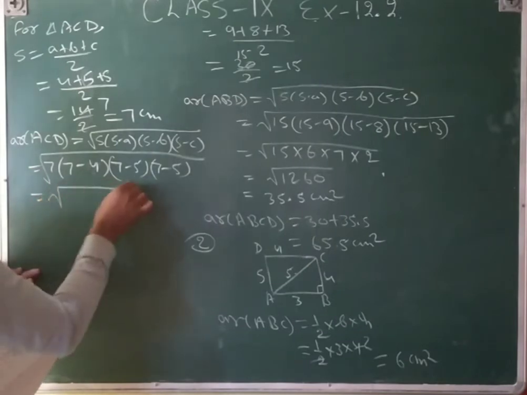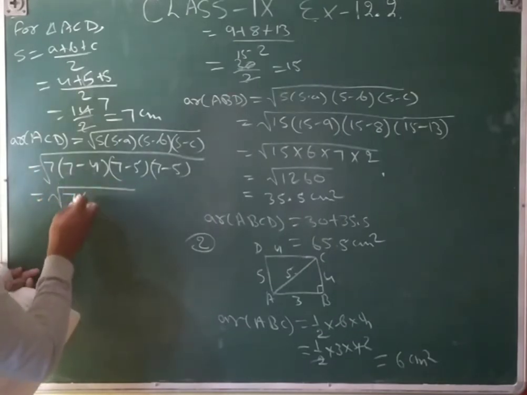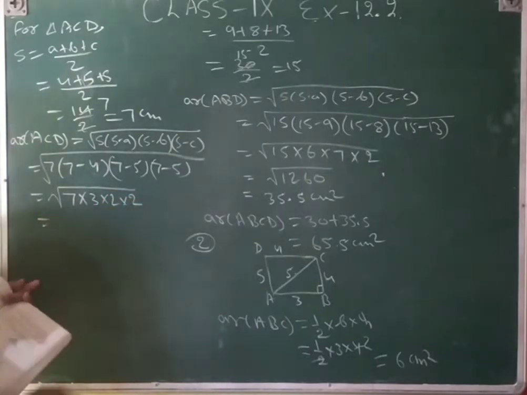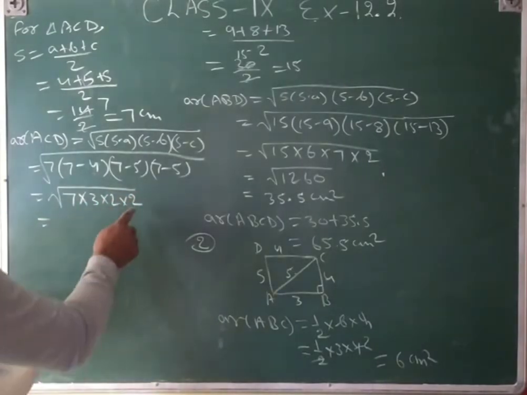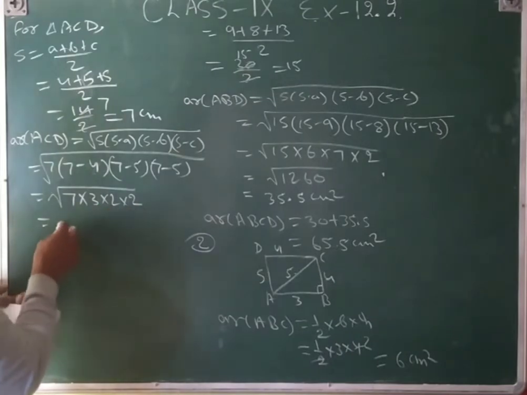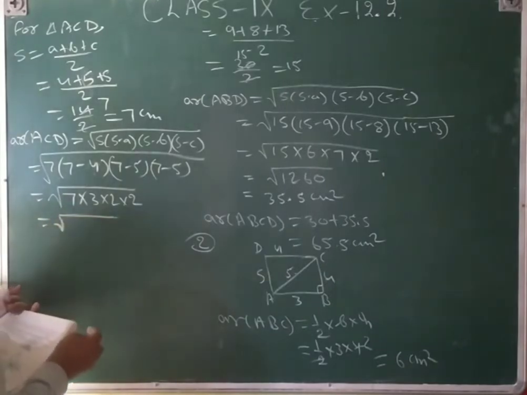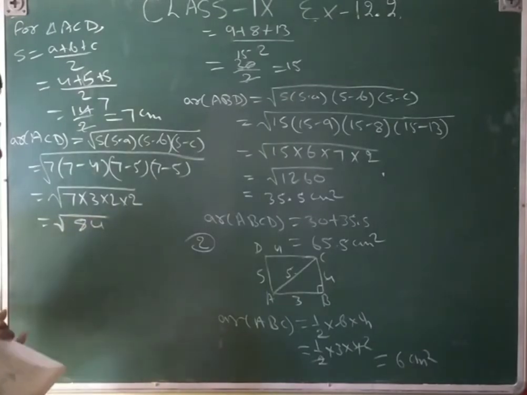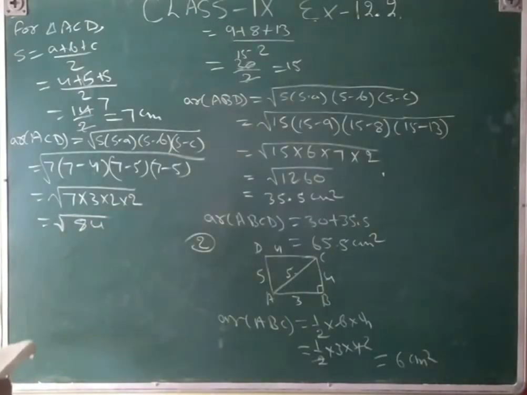So that is 7 into 3 into 2 into 2. Here also there is no complete factor, you are looking at the factors. So 3 times 4 is 12, 12 times 7 is 84, and then we will find the square root of 84.